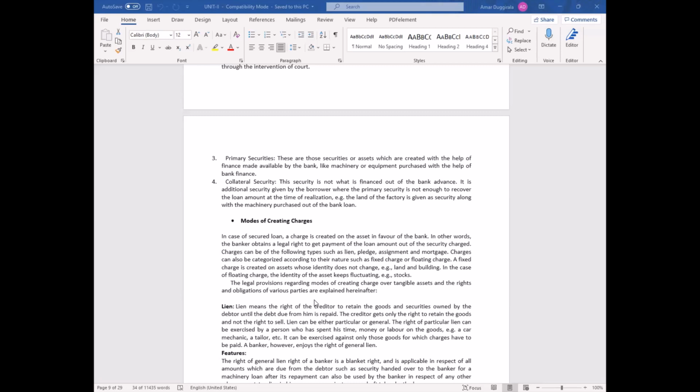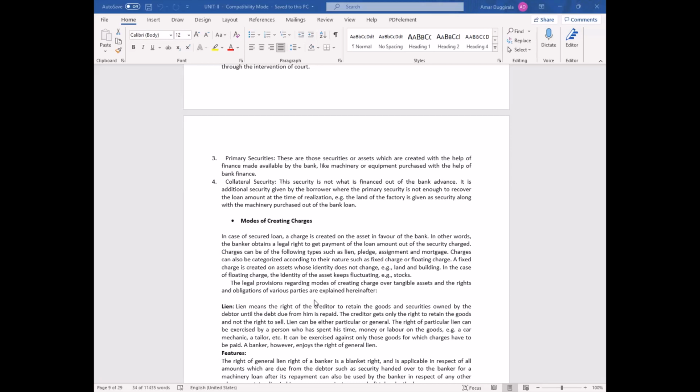So the first one is lien. Lien gives the right to the banker or the creditor who has given the advance to retain the goods and securities owned by the debtor, or to whom the loan has been given, until the entire amount of the debt is paid back. Now, the most important thing is that you can retain the goods, retain the stock, retain the security given by the borrower until the entire amount of the loan is paid back along with interest.